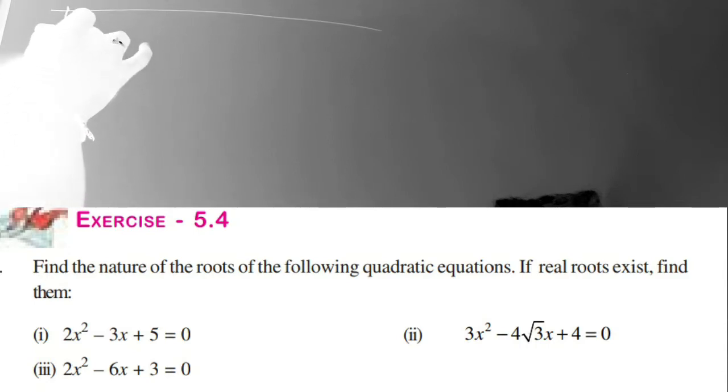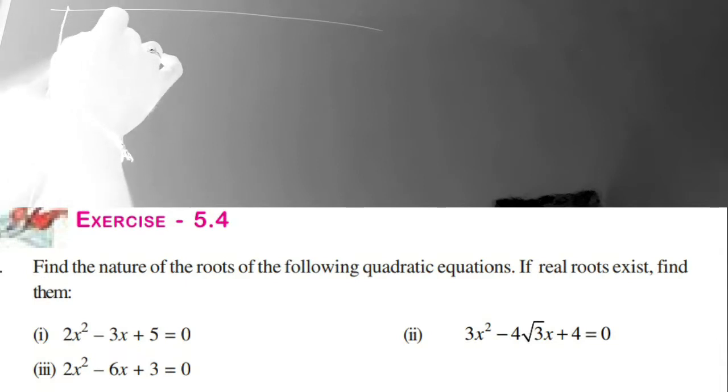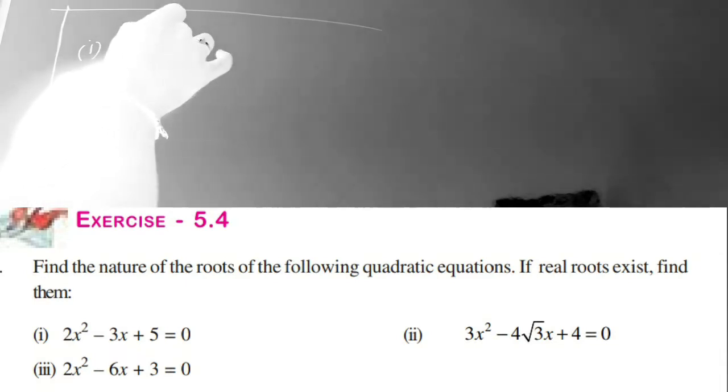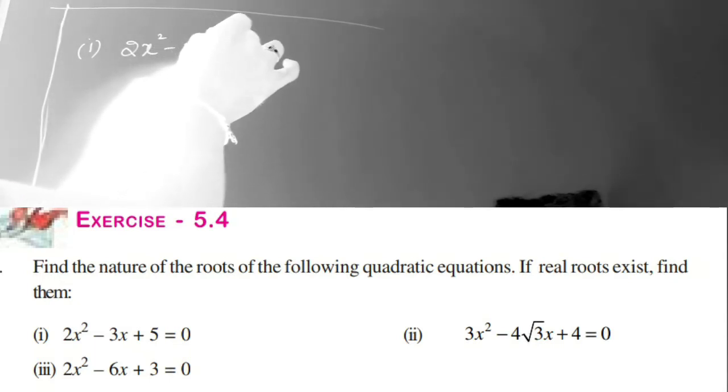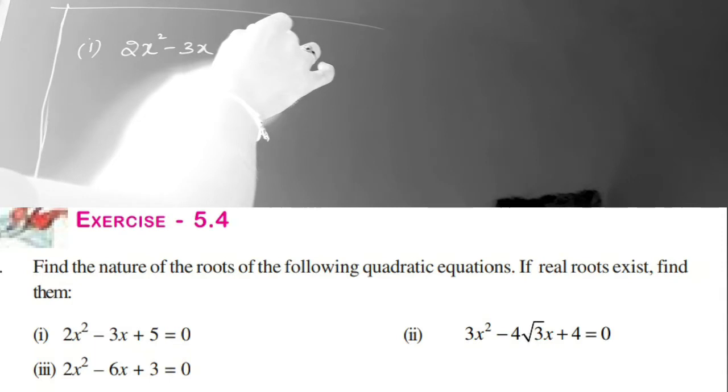So here is the question. 2x square minus 3x plus 5 is equal to 0.